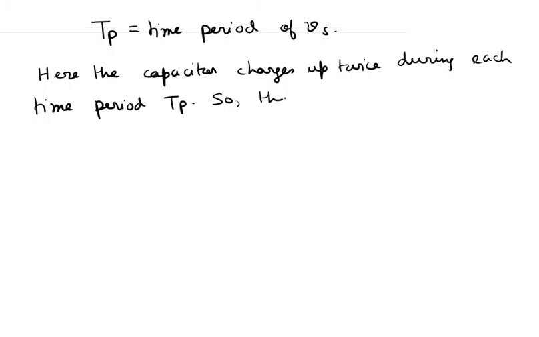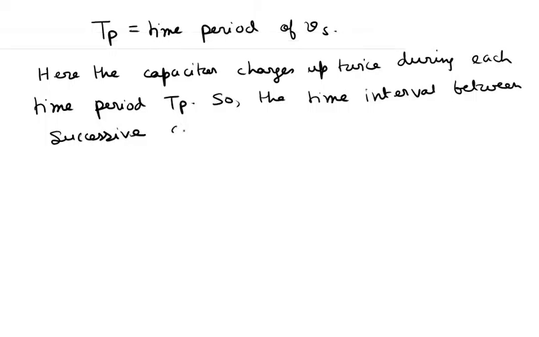So the time interval between successive charging events is Tp by 2. Earlier for the half wave rectifier with capacitor filter, the time period between successive charging events would be Tp. Now the capacitor is charging up twice during each time period, so the time interval between successive charging events is Tp by 2.